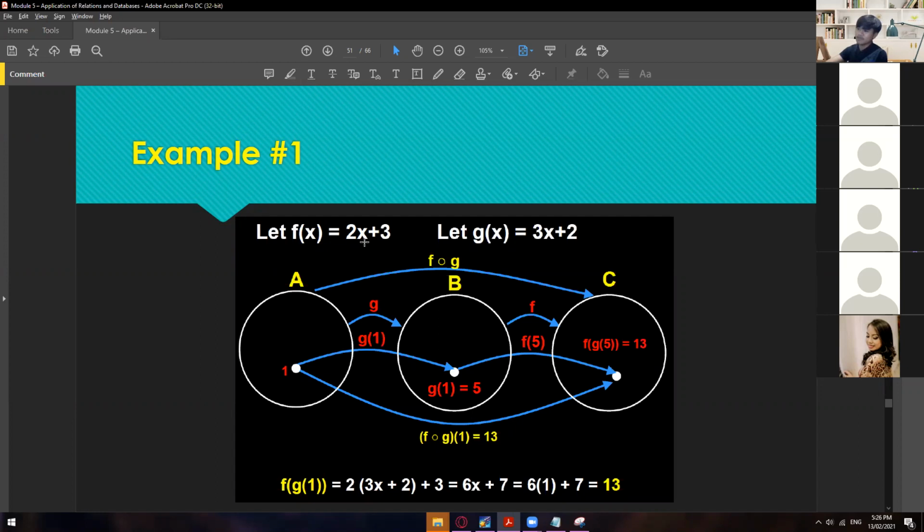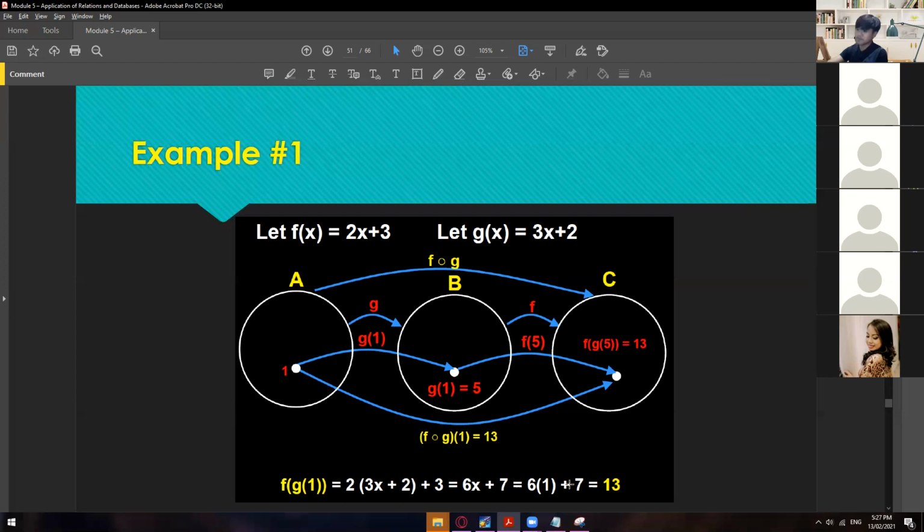Whatever is the value of your g of x, you have to substitute that into your x here, which is now 3x plus 2 plus 3. And then the last step is to simplify this and substitute the value of your a or your x, which is 1. That is why we have 6 times 1 plus 7 is equal to 13.